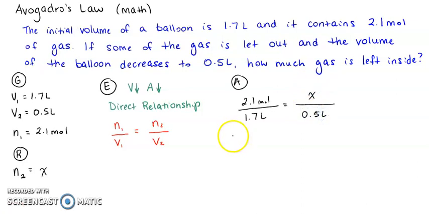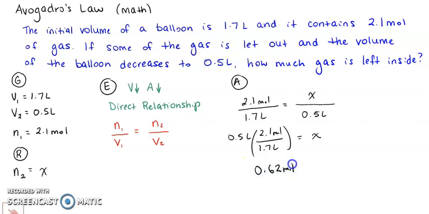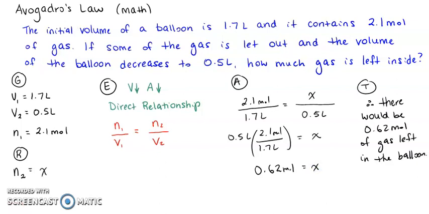Now to solve this algebraically, I'm going to have to multiply both sides by the 0.5 liters. Which gives me 0.62 moles. Therefore, there would be 0.62 moles of gas left in the balloon.